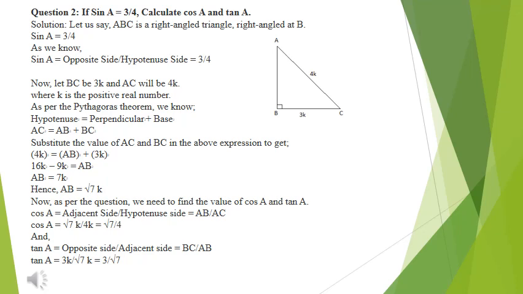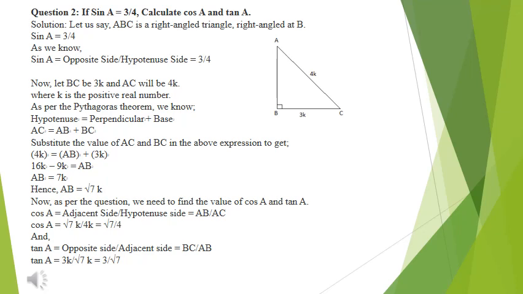Students, this is another solved example: if sin A is equal to 3 by 4, then calculate cos A and tan A. In this right angle triangle, we have the side BC equal to 3K and the hypotenuse equal to 4K. First of all, we have to find its perpendicular, that is the opposite side, which is AB.